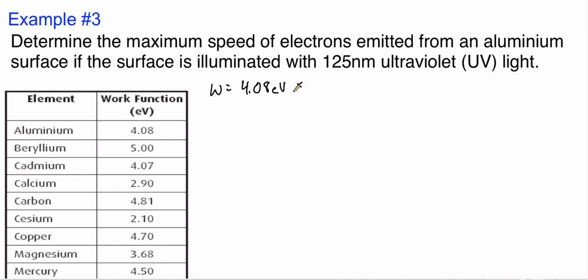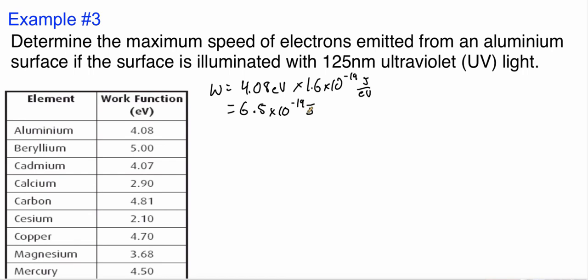Now, I have to convert that to joules because we tend to work in joules here. So I'm going to times that by 1.6 times 10 to the negative 19 joules per electron volt. This is going to end up giving me 6.5 times 10 to the negative 19 joules.